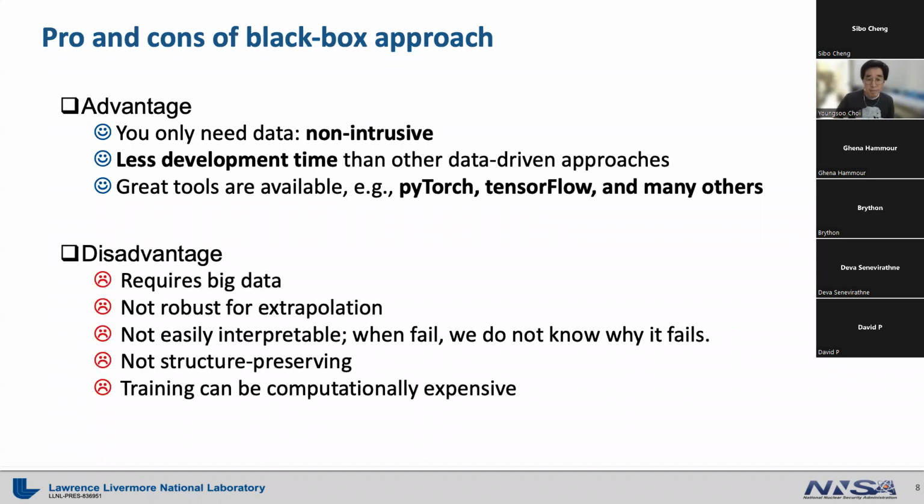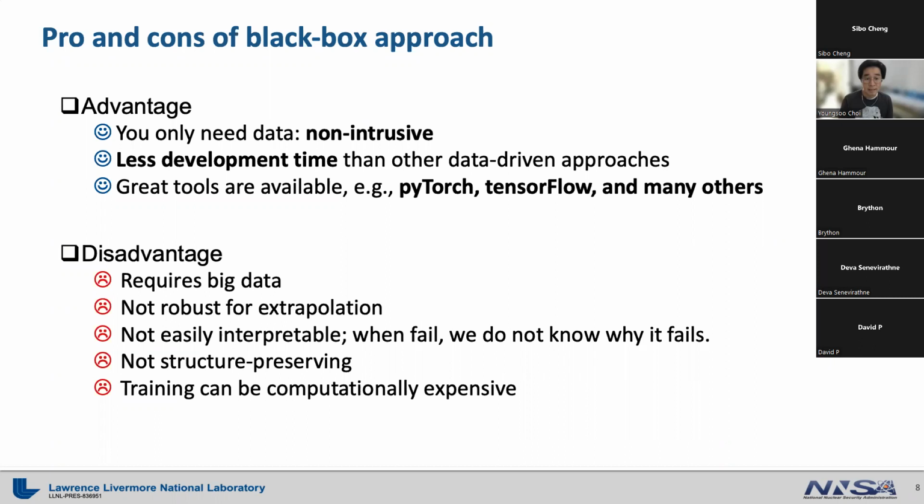However, the black box approach does come with some disadvantages. Because it relies heavily on data, it needs big data, which is not cheap to generate if the data are coming from computationally expensive simulations. Because it relies heavily on data, the black box model cannot accurately predict the solutions for the regions where you have not seen any data.